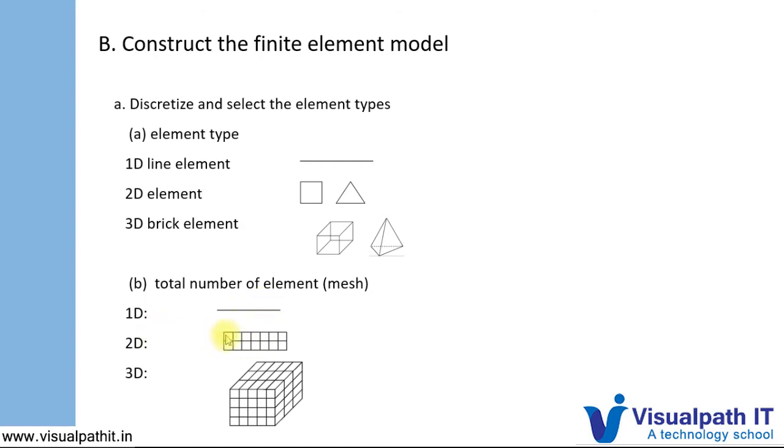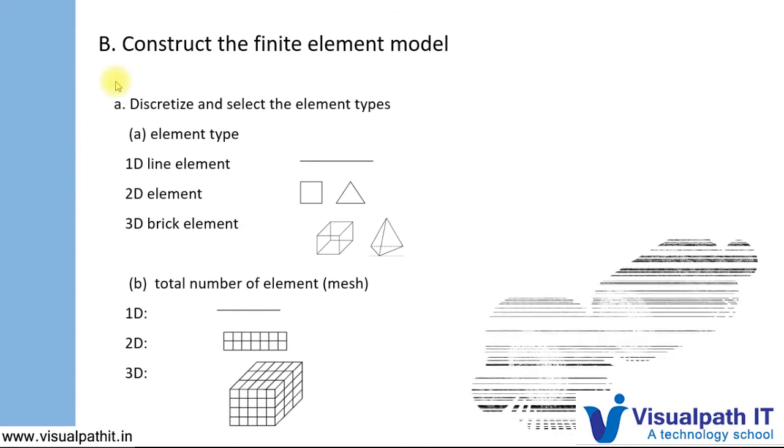In 2D, we are discretizing into many elements in the 2D plane, and in 3D we discretize that rectangular block into small square elements or triangular elements. In this example I am showing square elements. So this forms the discretization part of the finite element analysis.